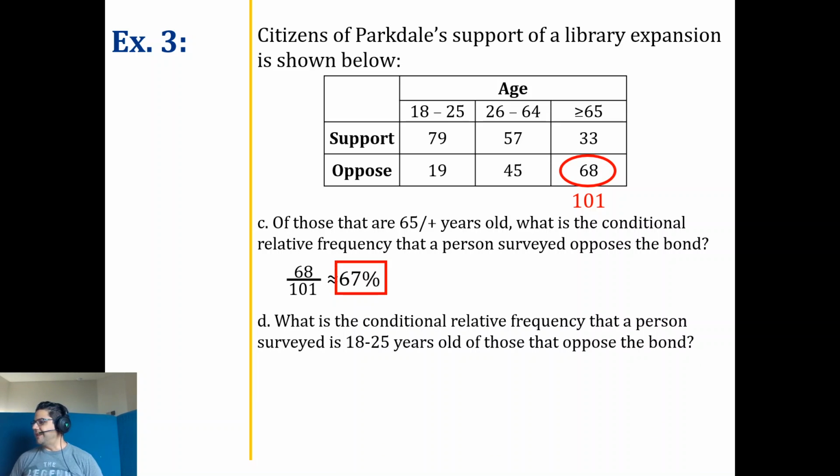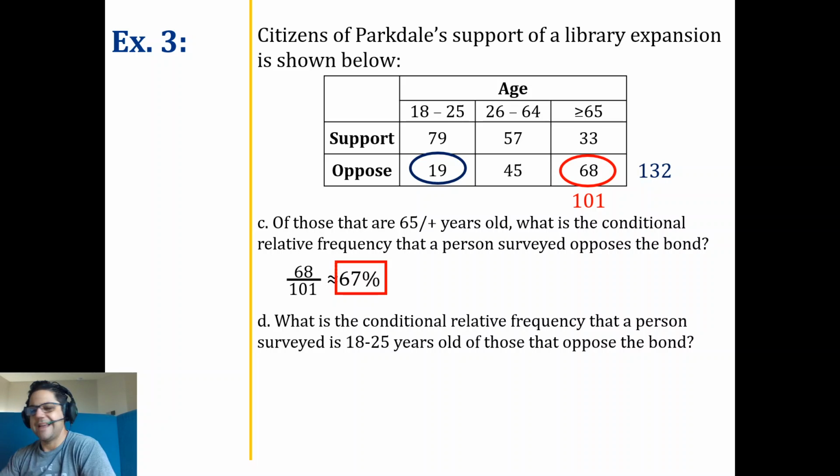What is the conditional relative frequency that a person surveyed is 18 through 25 years old of those that oppose the bond? Now, opposing the bond is the other margin.